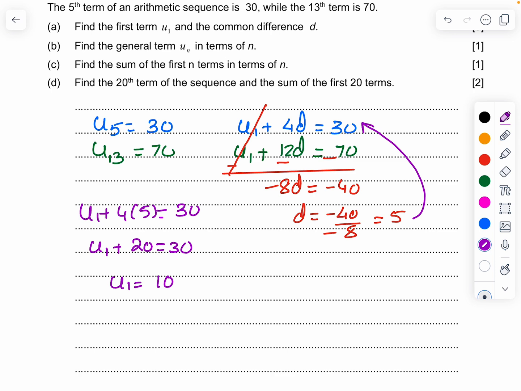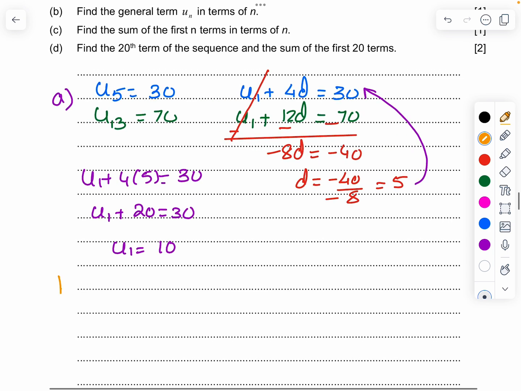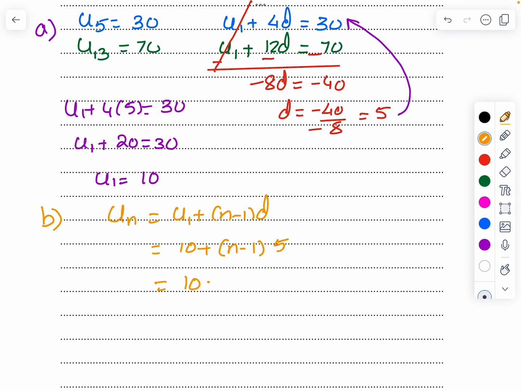That's part A. Coming to part B, find the general term. un equals u1 plus n minus 1 times d. u1 is 10 plus n minus 1 times d, d is 5. When I simplify, 10 plus 5n minus 5, which is 5n plus 5.